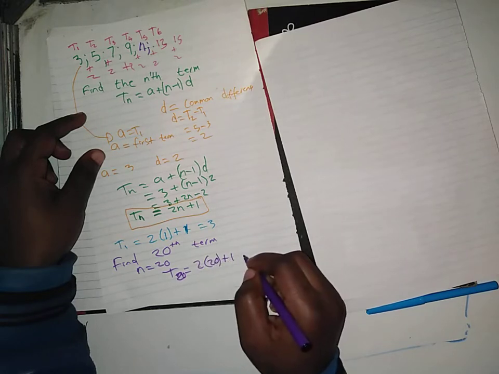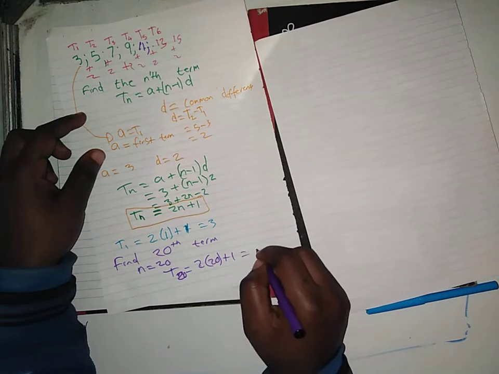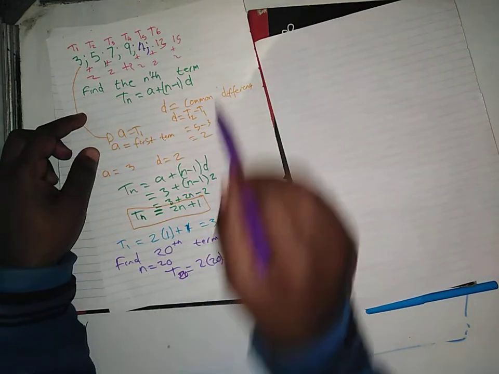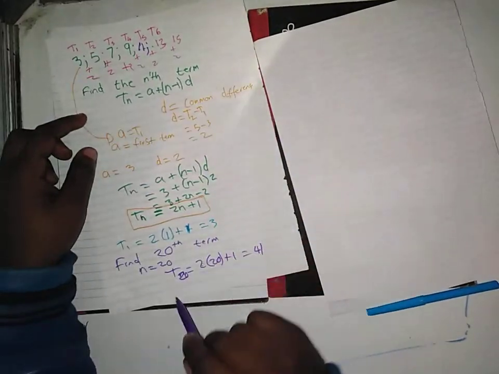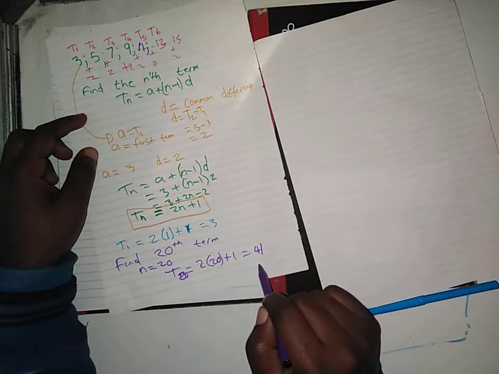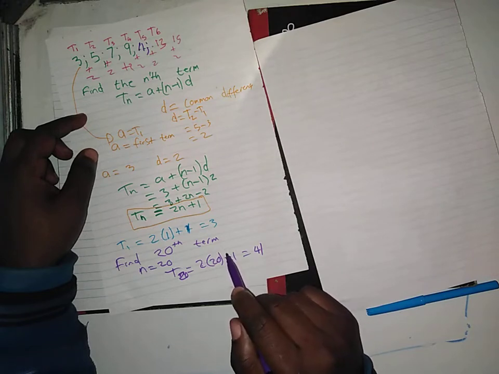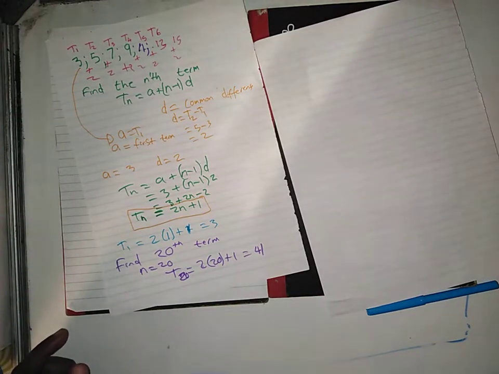So 2 times 20 is 40, and then 40 plus 1 is 41. So that means that if we keep on adding 2 and adding 2 here, when we get to the 20th term, we'll find 41. Does that make sense?